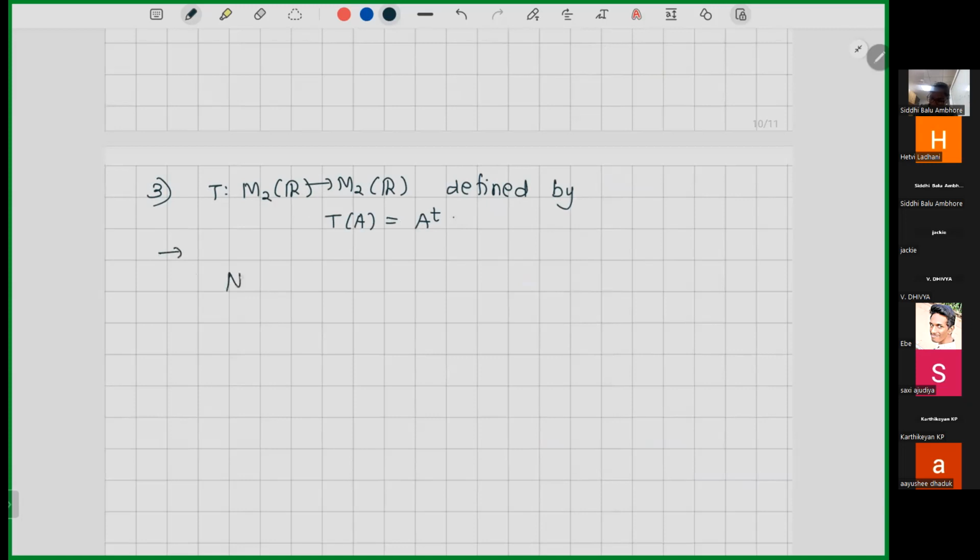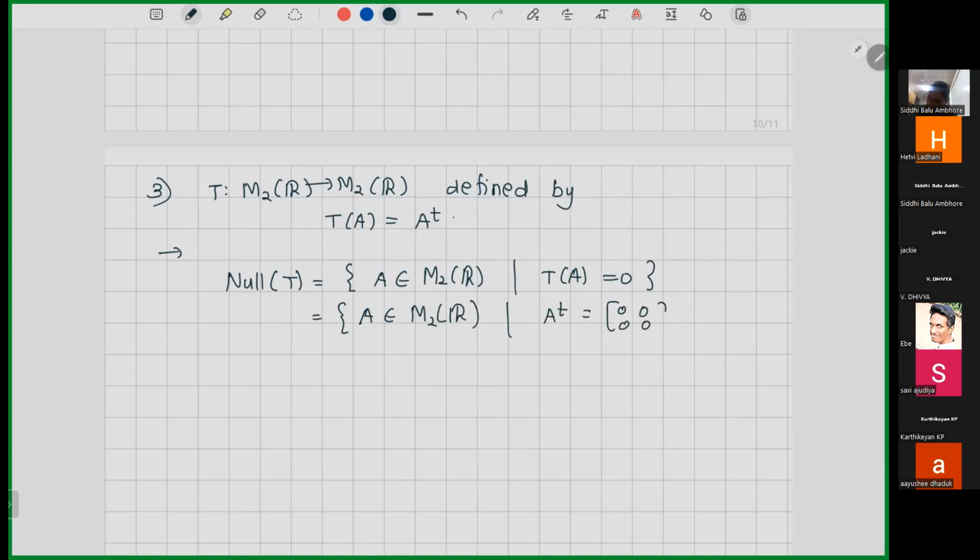Now what will be the null space of T? It is all those A in M2(R) such that T(A) is equal to 0. When I write T(A) is equal to 0, I mean A transpose is the 0 matrix.